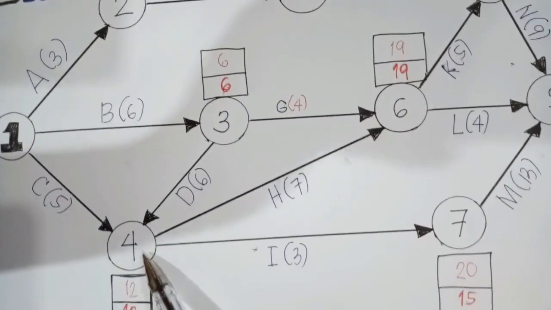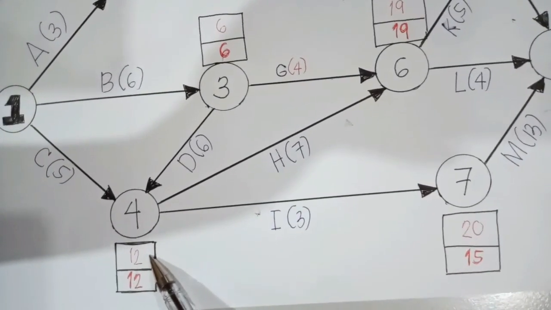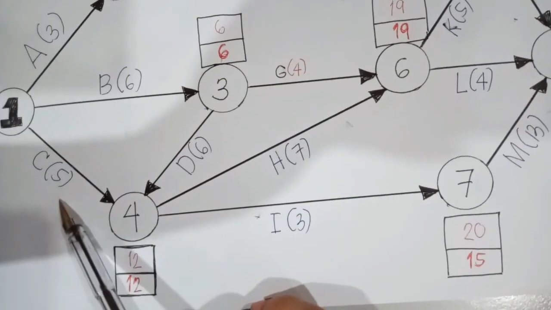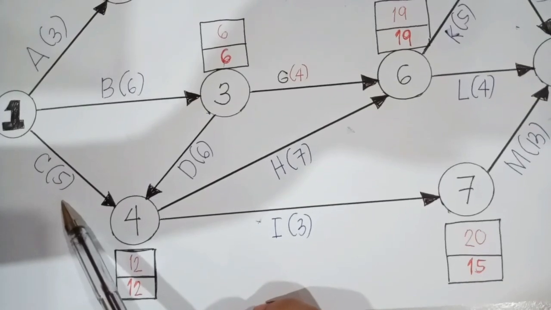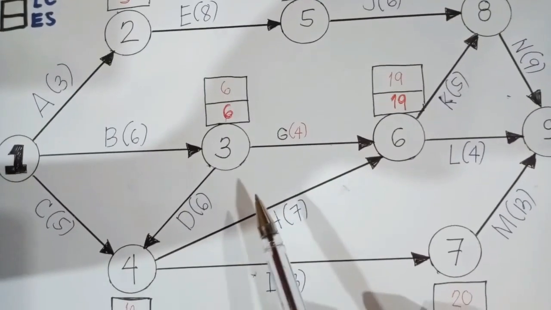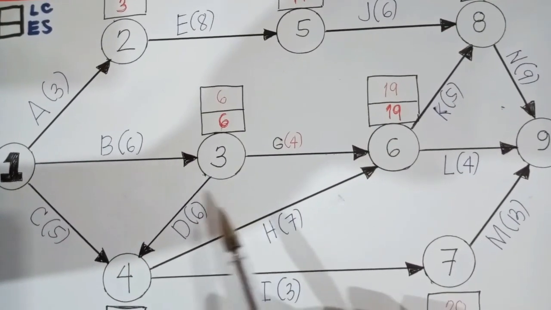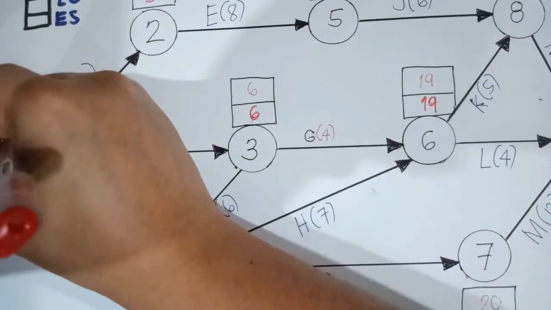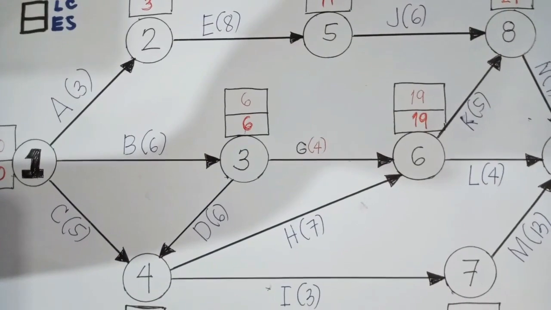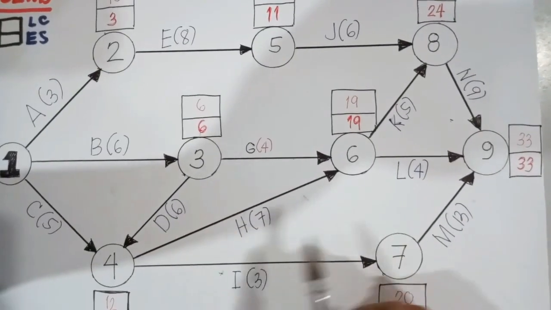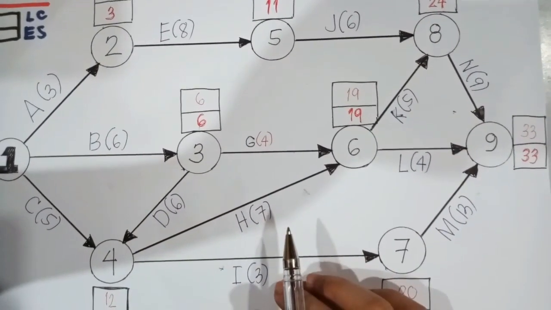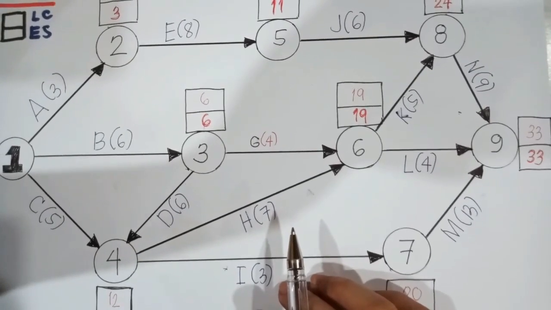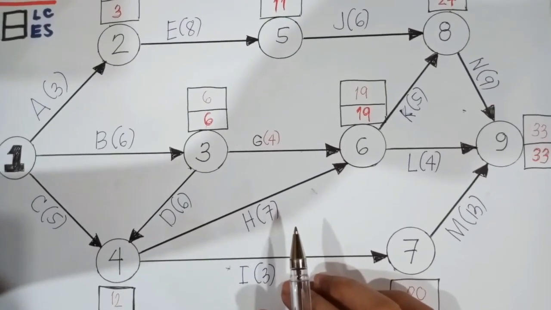And for node number 4, latest completion time is 12 minus 5, so that would be 7. So meaning to say, since the least value is 0, that would be the value that we will be entering right here.